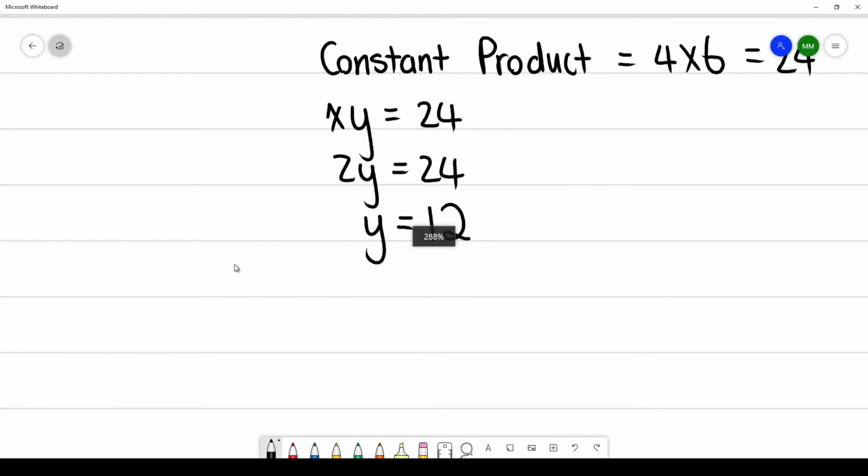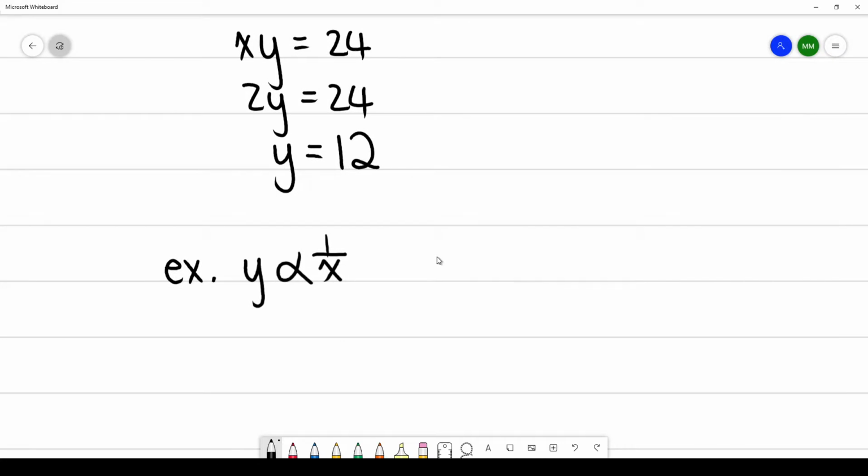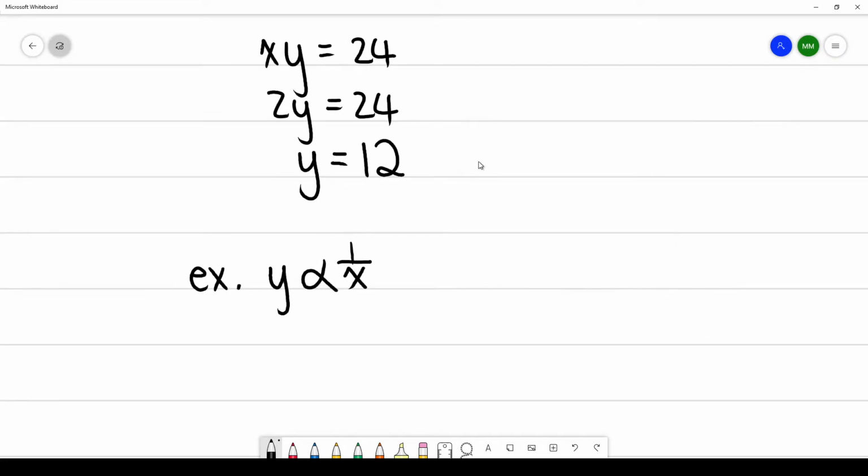Here's another one. y is inversely proportional to x.